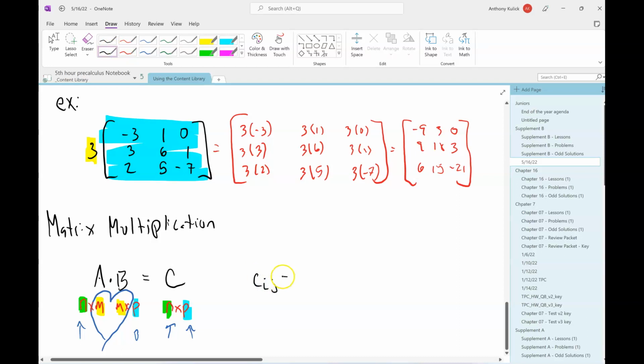So entry Cij is going to be Ai1 times B1j plus Ai2 times B2j all the way out to Aim times Bmj.